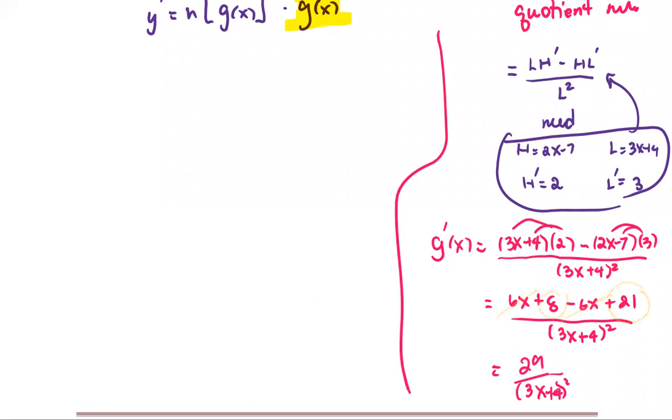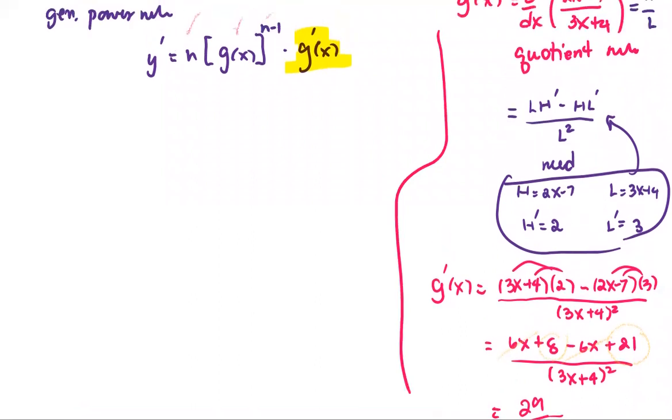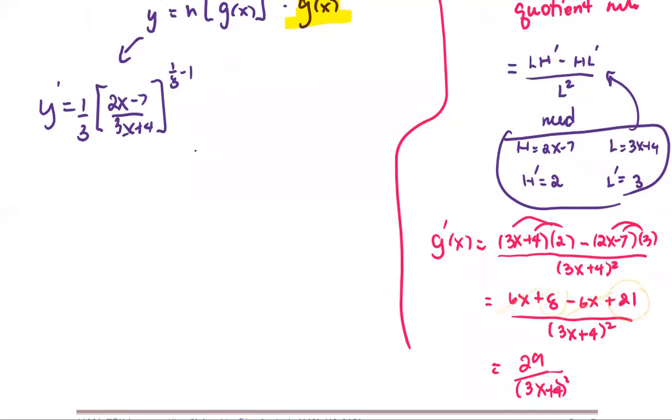On the side here, we have all the prep work. And now we're going to bring everything into the main part of the problem. So our y prime is n, which in our case is 1 over 3, times the quantity g(x), which is the quantity 2x minus 7 divided by 3x plus 4, raised to the power 1 over 3 minus 1, and then multiplied by the expression for g prime, which we just derived, 29 divided by the quantity 3x plus 4 to the power 2.